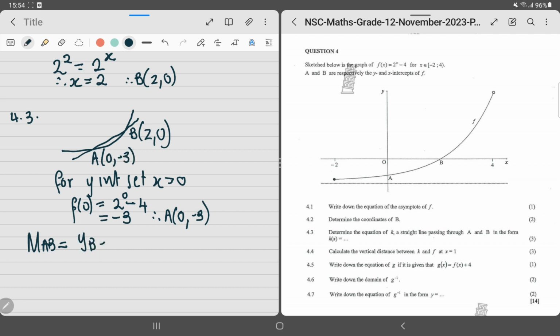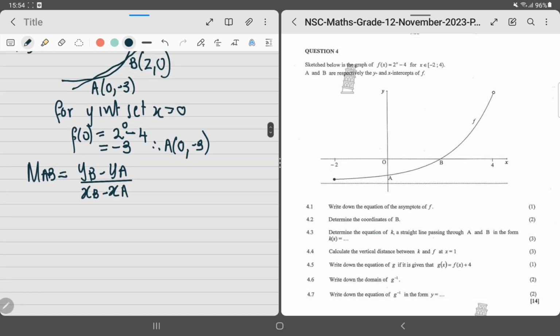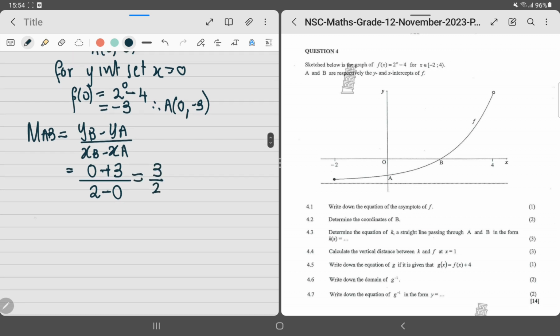It is y of B minus y of A over x of B minus x of A. Y of B is 0 minus y of A, which is -3, and then x of B is 2 minus x of A is 0, which is equal to 3 over 2.